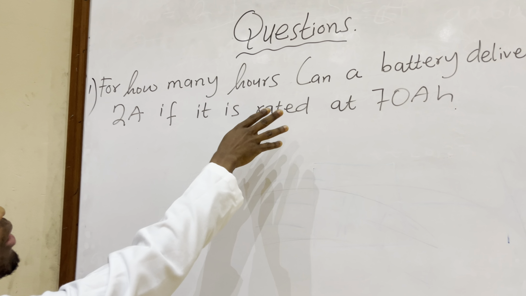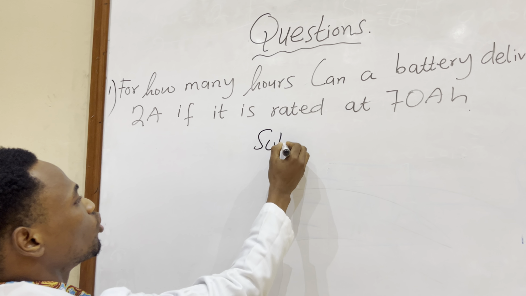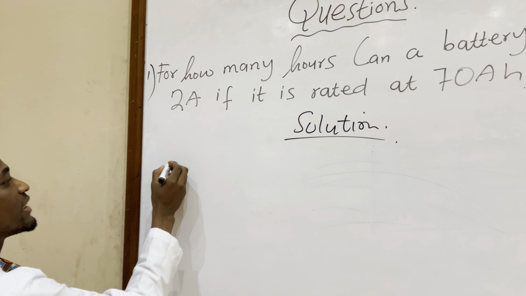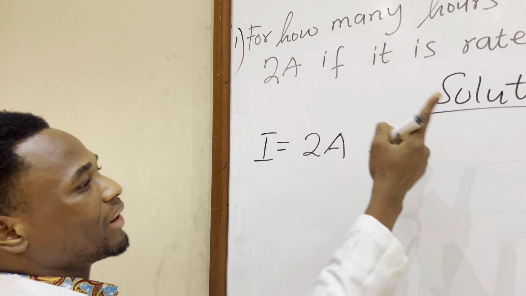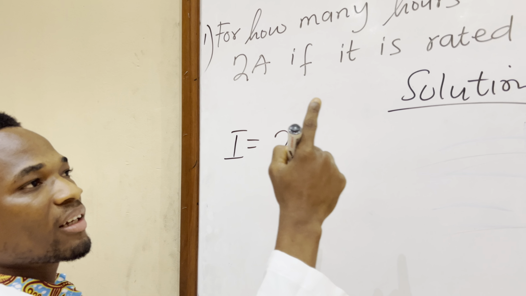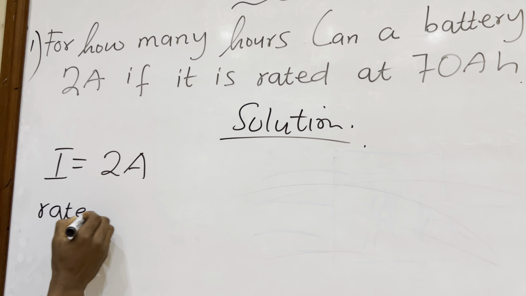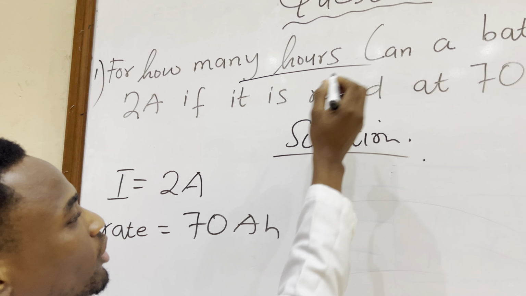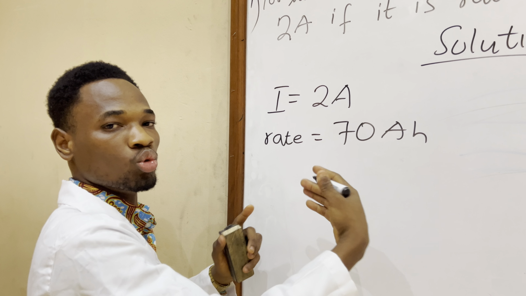Solution: let me write my data down. 2 ampere means current, so I have I equal to 2 ampere, if it is rated at 70 ampere hour. That is my rate, my 70 ampere hour. We are talking about the time the battery will take to do the delivery.